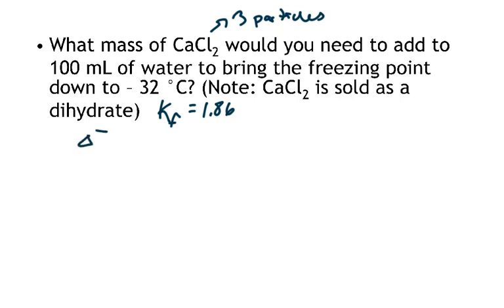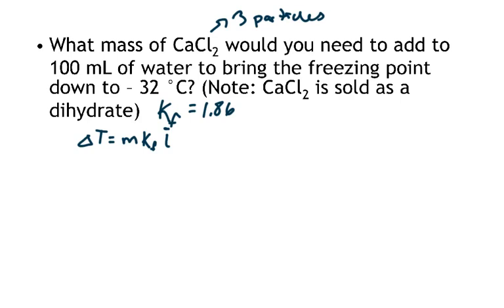So here, my delta T is going to be the molality times my Kf times what's called a Van't Hoff factor, the number of particles that it's breaking up into. In this case, that's going to be 3.